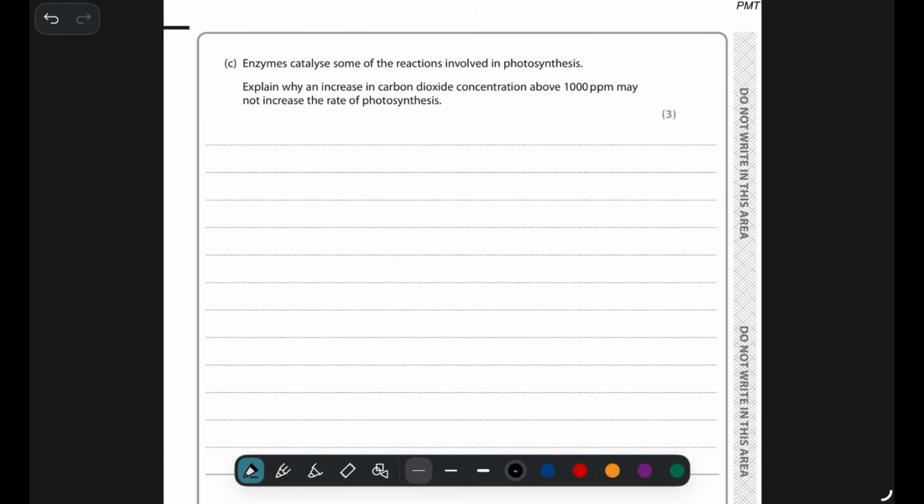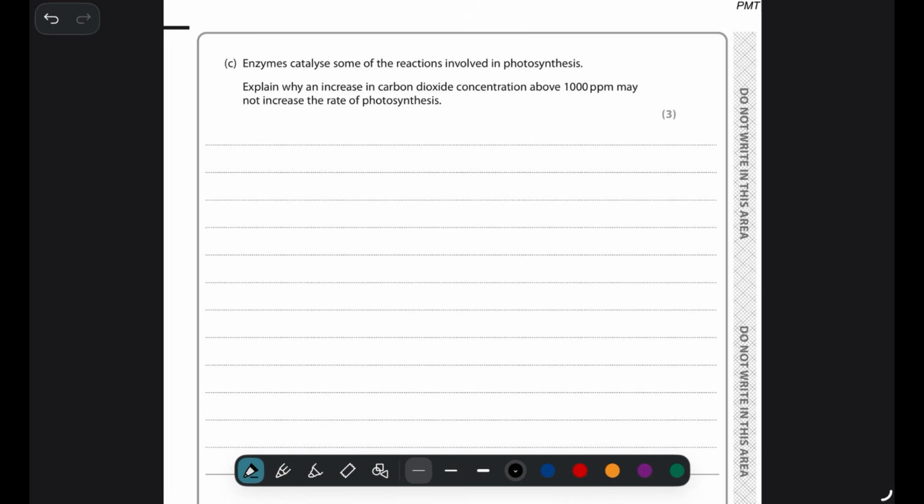Okay, part C. So enzymes catalyze some of the reactions involved in photosynthesis. Explain why an increase in carbon dioxide concentration above 1000 ppm may not increase the rate of photosynthesis. So I'm thinking we're being asked here about factors affecting enzyme controlled reactions. So they want me to talk about carbon dioxide.